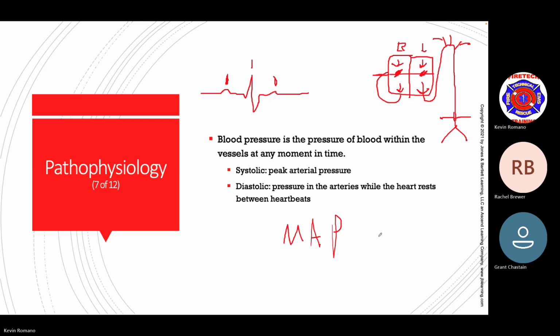How do you get your MAP? Put them on a cardiac monitor and do an auto BP, and it tells you what your MAP is on the screen. But if you didn't charge the cardiac monitor and the battery dies, we still want to know what our MAP is. Does anybody know the equation to figure out mean arterial pressure?